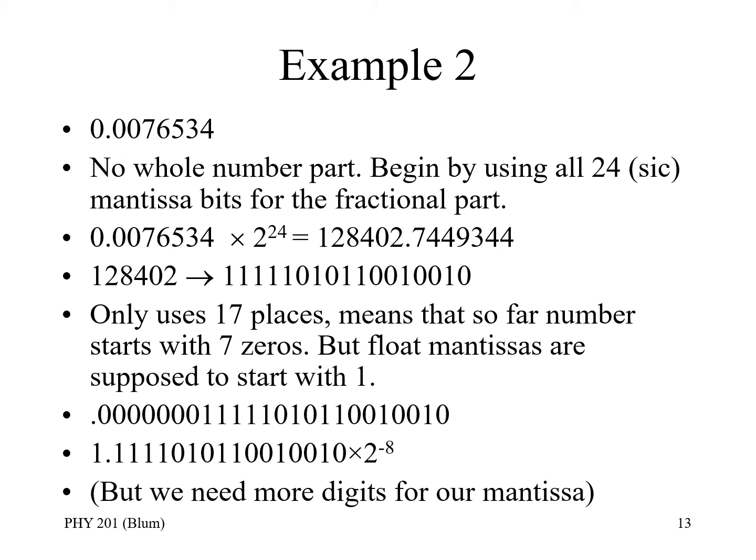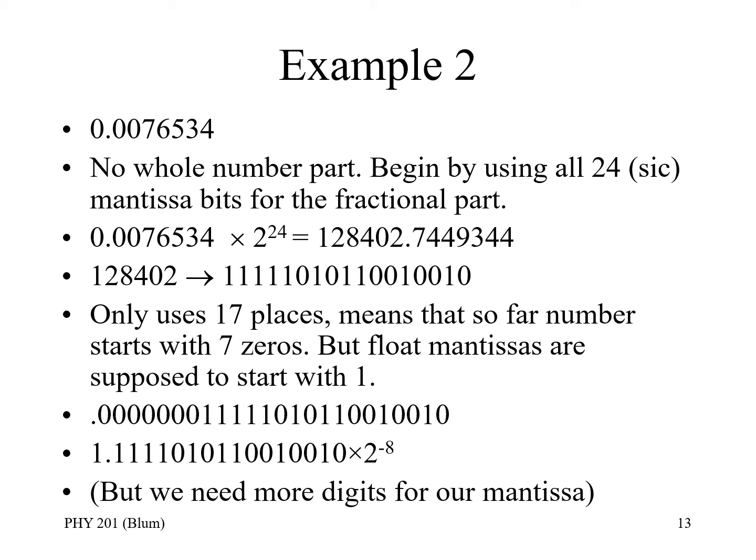0.00766534. There's no whole number part, so we're going to take all 24 bits and use them for the fractional part. So when we're dealing with the fractional part, we take our fraction, 0.00766534, and we multiply it by 2 to the number of bits for the representation of our fraction.